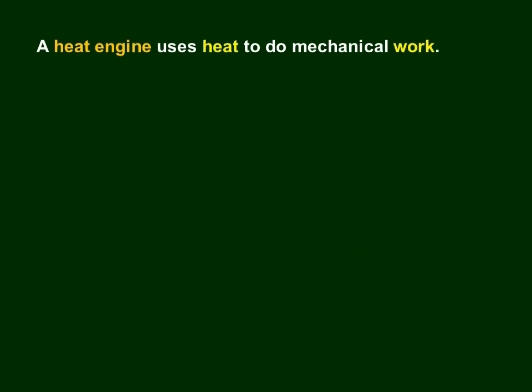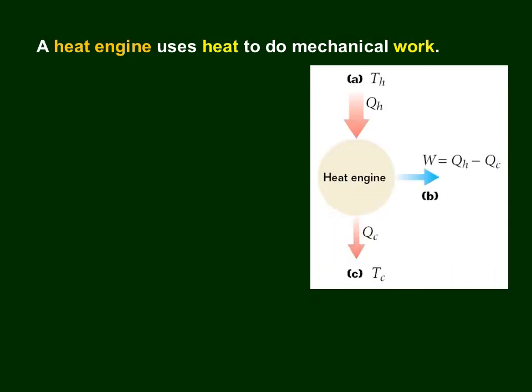Another example is the heat engine. The heat engine is the opposite of the refrigeration. In refrigeration, work is done, and the heat engine uses heat to do mechanical work. How?